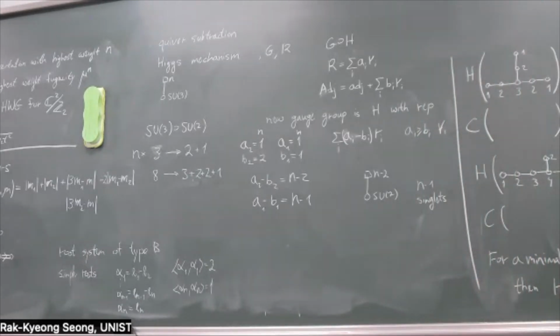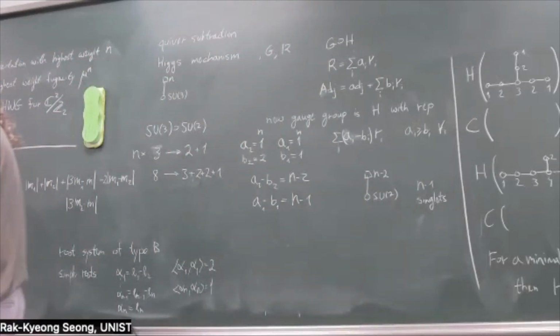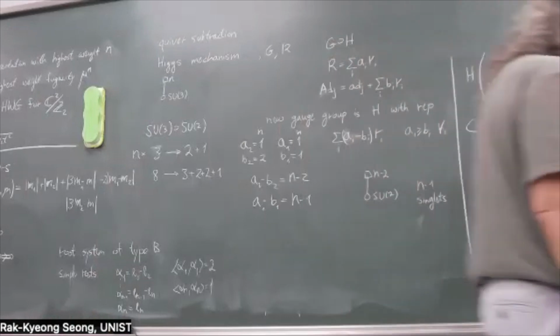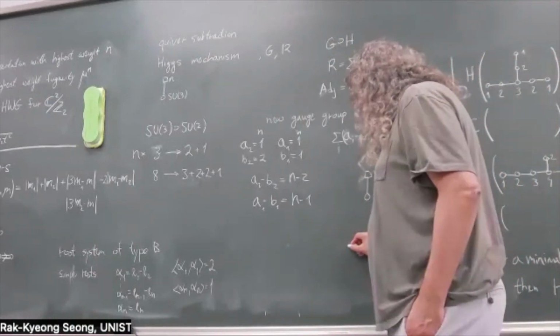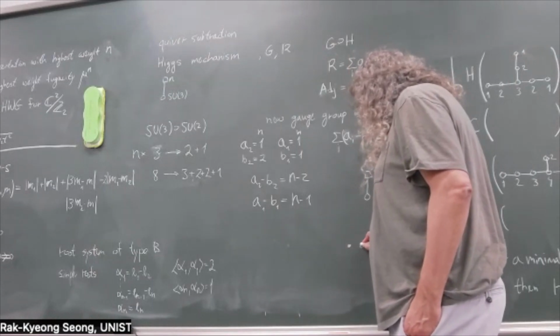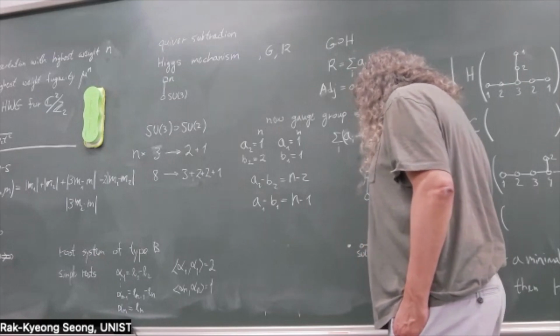Okay, so the dimension of this moduli space where SU3 is broken to SU2 is n minus 1 quaternion. So I can write it in a phase diagram where I can say, here's SU3, here's the case where I have a SU3 with n flavors.